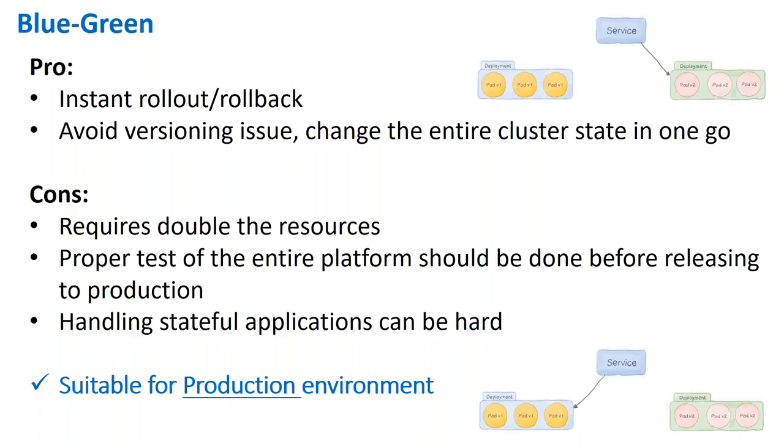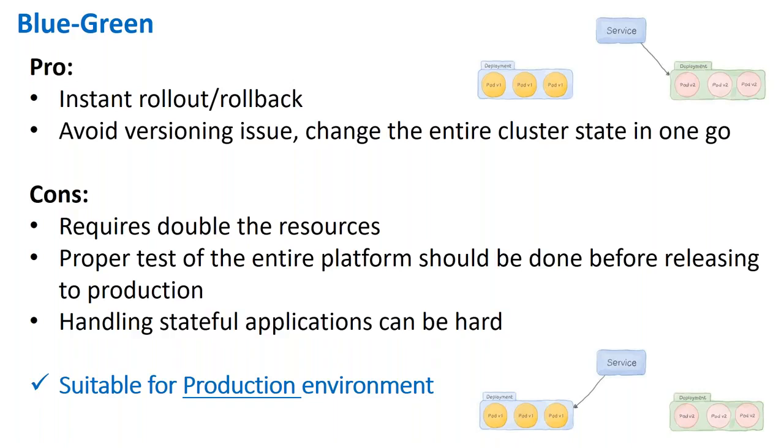Now this is what we are going to do in production, but the disadvantage with this is it requires double the resources, right? Because instead of maintaining my cluster to create two replicas, now I need to have enough space to make sure that I have four replicas. Correct? So this is one of the disadvantages, because you need double the resources to manage everything.